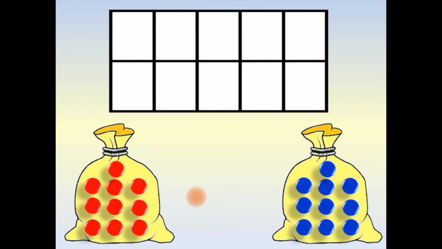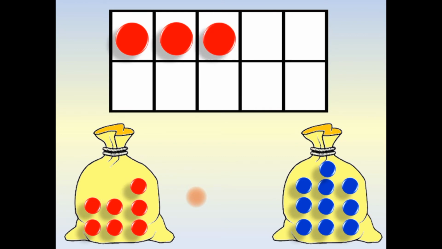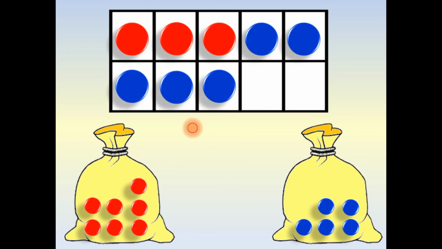We are going to distribute 3 red pawns, and we will continue with the blue pawns. The number is 7.